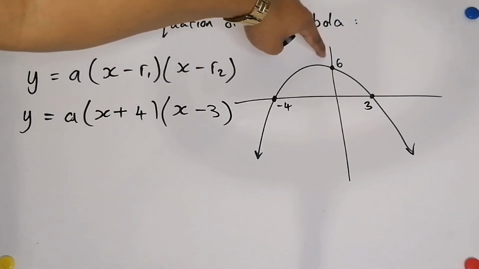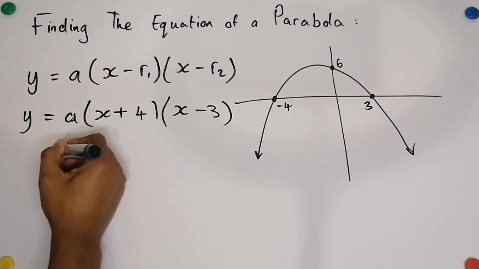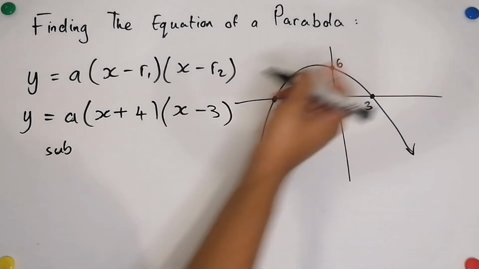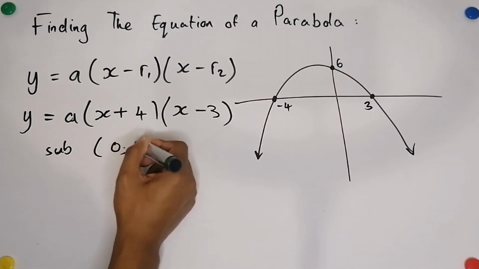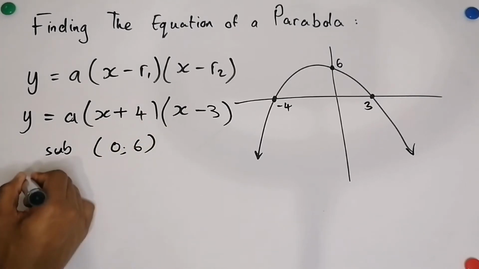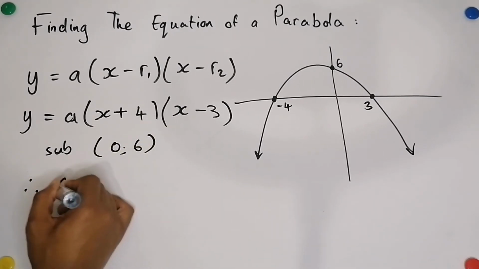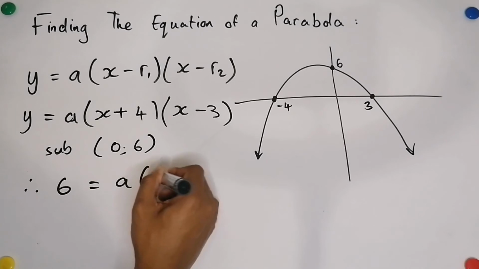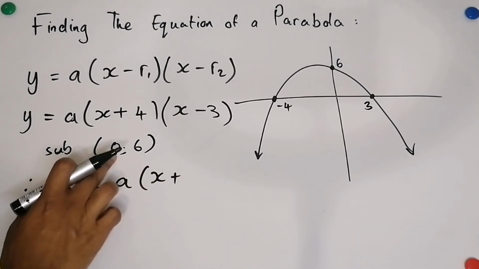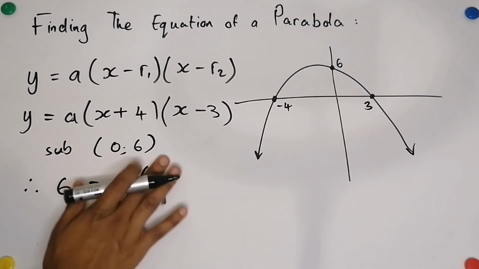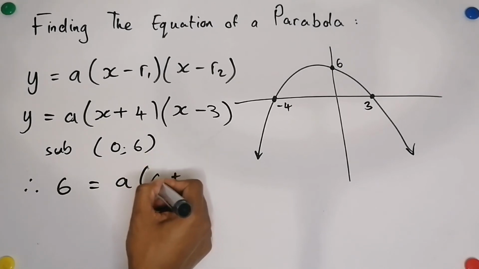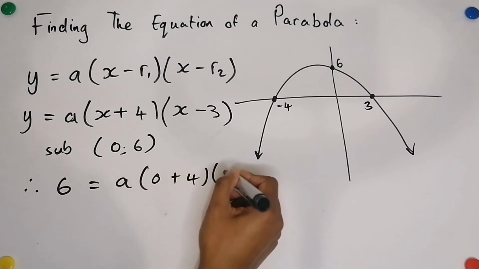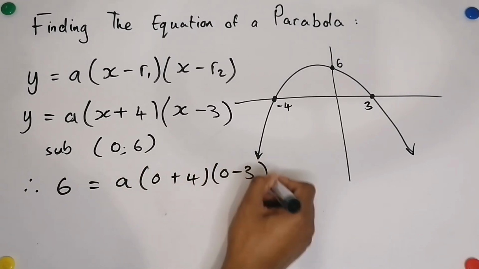Again, that's why we are given this point. So we are going to substitute that y-intercept where x is 0 and y is 6. So 6 is equal to a bracket x plus 4, oops, x supposed to be 0. I forgot to do that. And 0 minus 3.